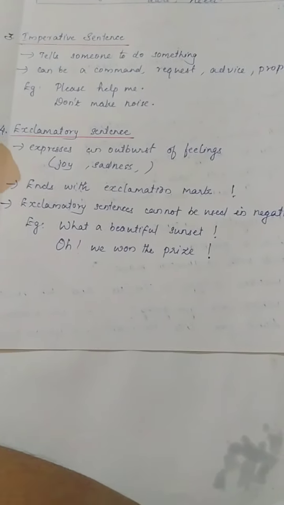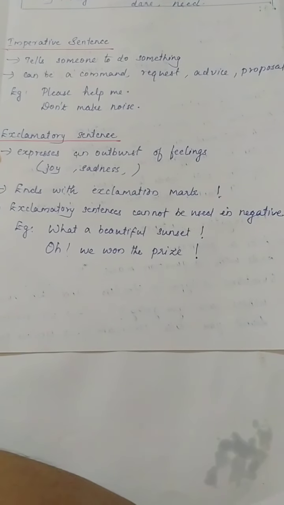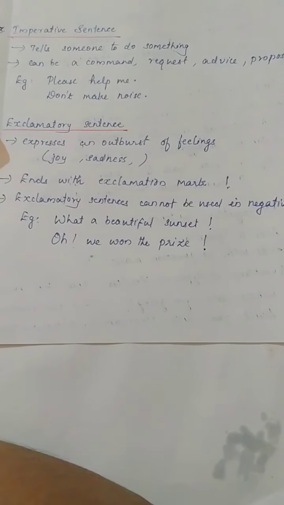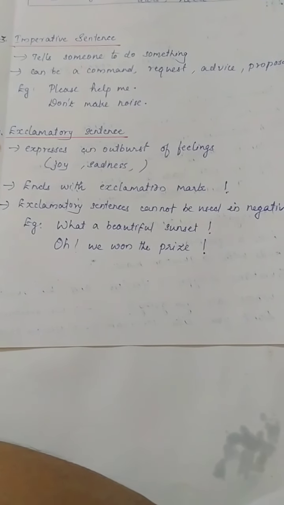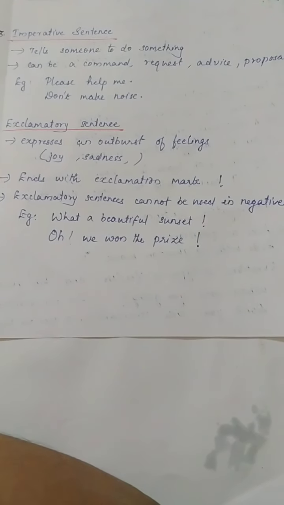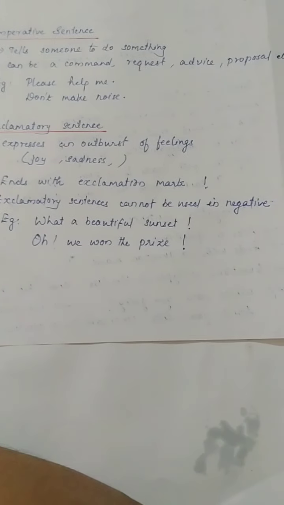And another important point of exclamatory sentences, they cannot be used in negative form. All the other three forms, assertive or declarative, interrogative and imperative, these three kinds of sentences we can write in affirmative and negative forms. But exclamatory sentences we do not write in negative form.